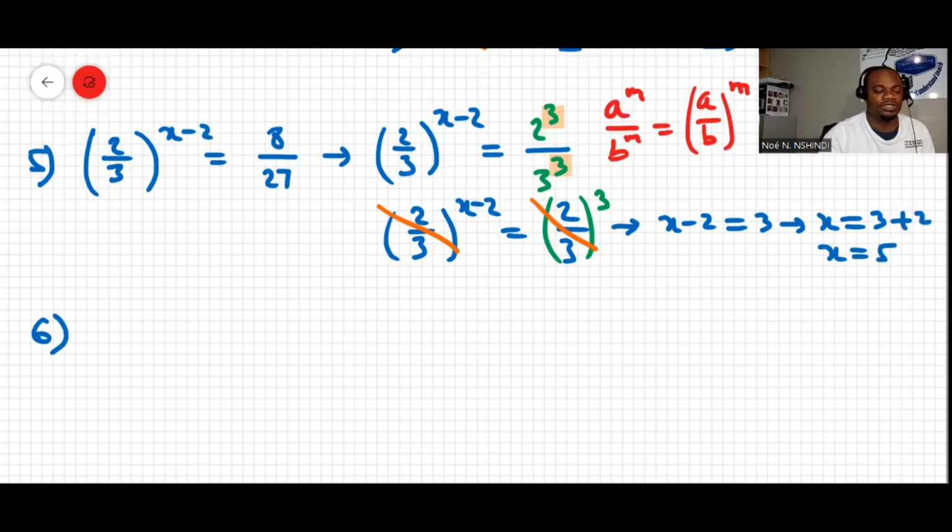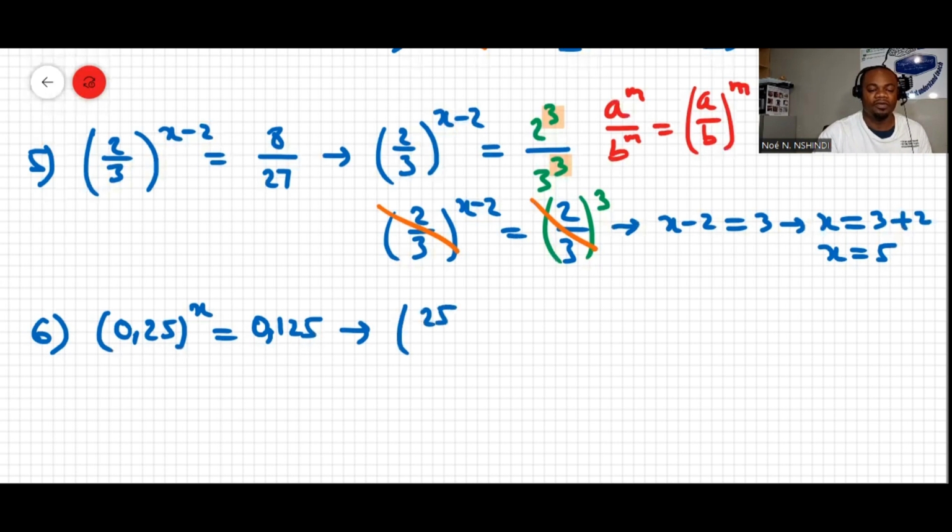We can also do question 6 that involves decimal: 0.25 to the power of x equal to 0.125. Okay, so we can transform this. 0.25 is like saying 25 over 100 to the power of x, and 0.125 is in a fraction.